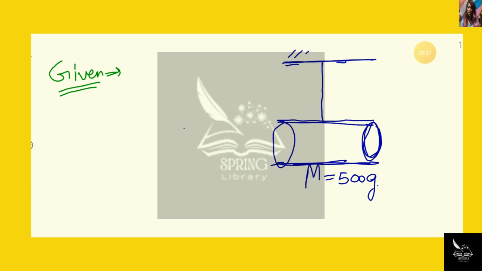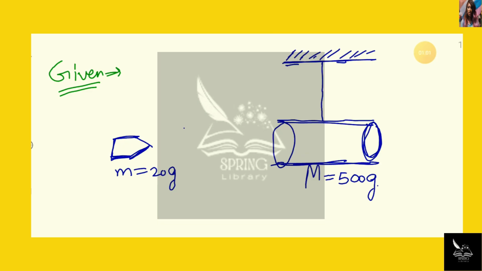Now in the question it is saying that there is a bullet given. Consider that this is a bullet whose mass is, as given in the question, small m equal to 20 gram.